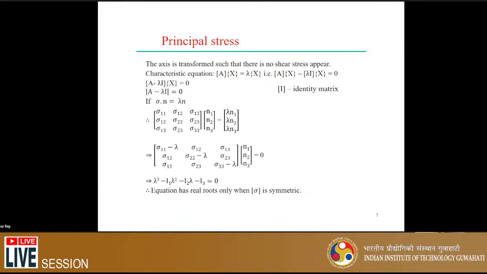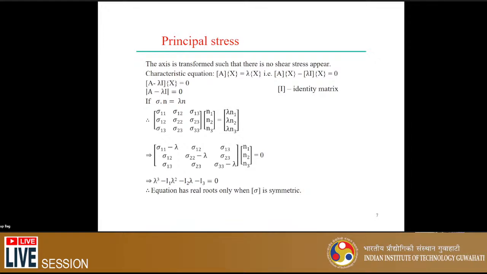So once you form the characteristic equation, the determinant of A minus lambda I equals 0. Therefore the stress component times n equals lambda n.